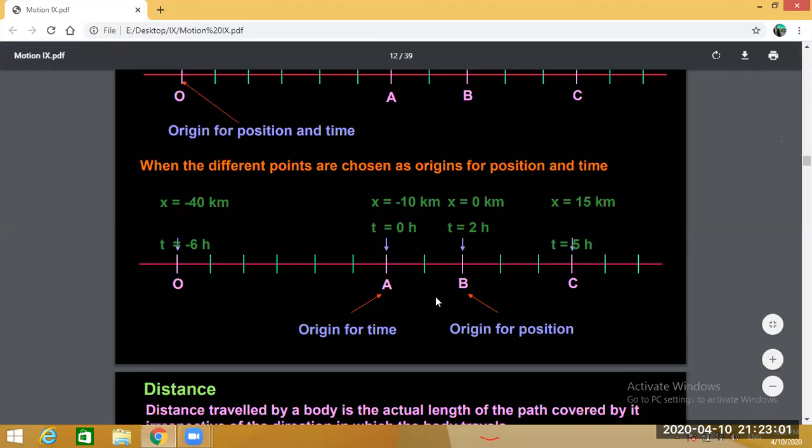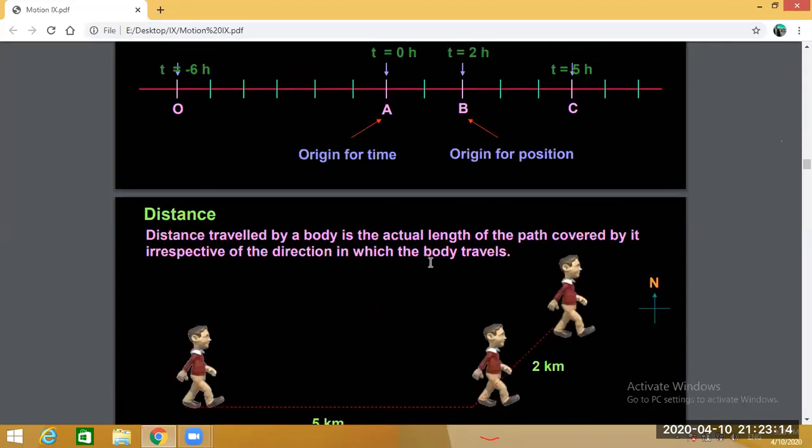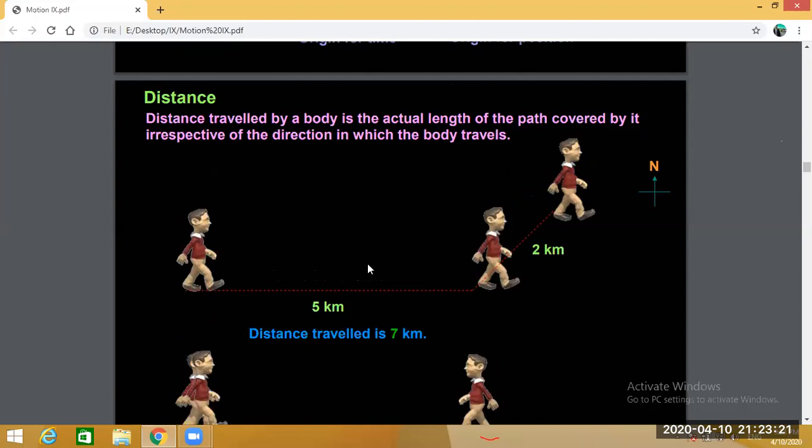So we have learned about origin and representation of the position of particles during motion at any interval of time on a straight line. Now the next important parameter to describe motion is distance.